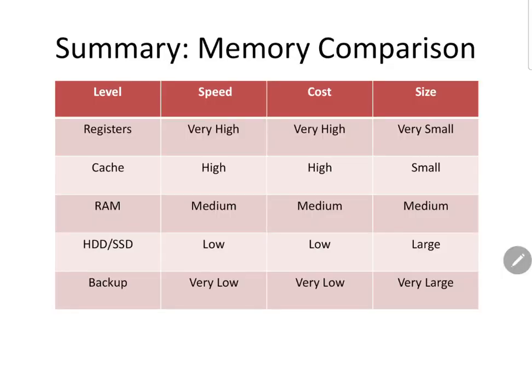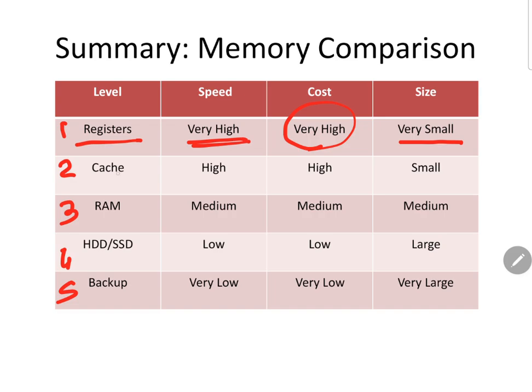Now let me summarize this. Here you can see the table where all the memory levels, level 1, 2, 3, 4 and 5, are summarized. The registers are the fastest: the speed is very high, but they are the smallest in size, and the cost is also very high.